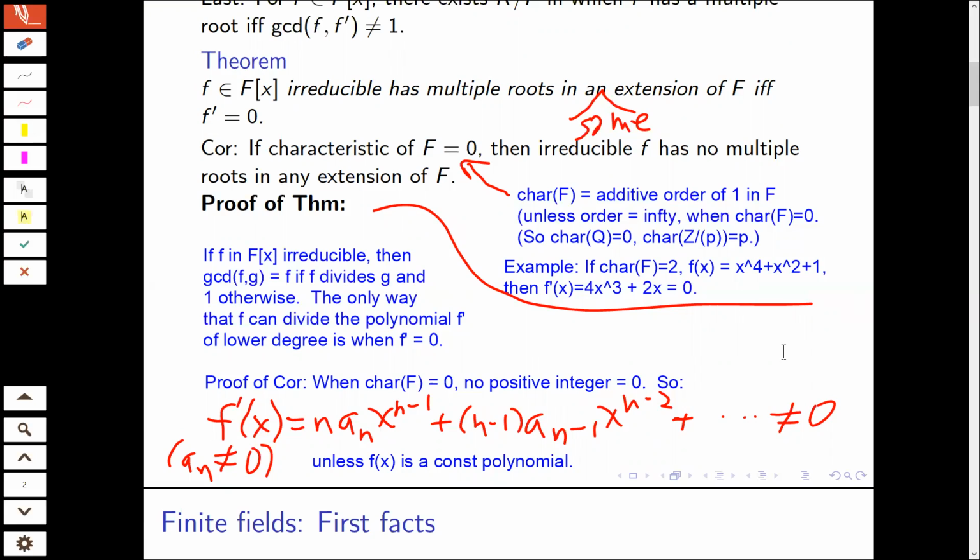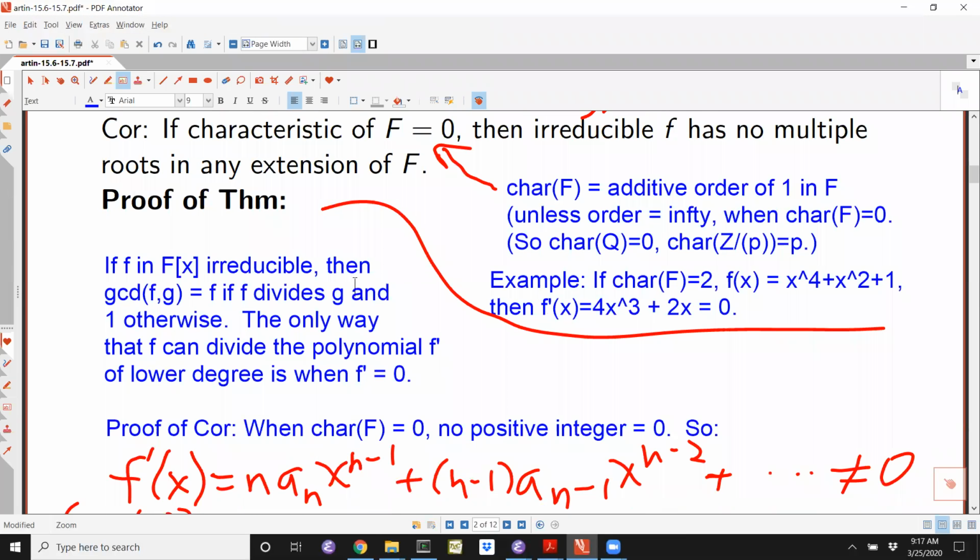Where did we prove the other part? Oh, well, I see. Yeah, that's a good question. Let me add that in. There we go. So let me add that in.